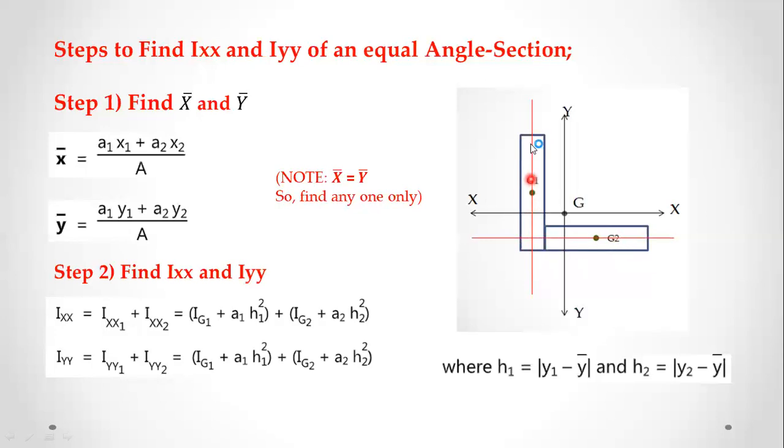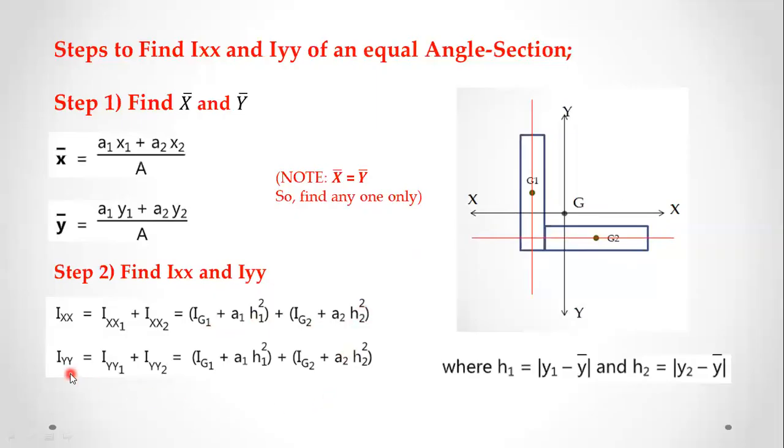Rectangle 1 has its own centroidal axis passing through this centroid, and rectangle 2 has its own centroidal axis. But we are going to find the moment of inertia of both rectangles about the x axis, and nothing is intersecting this x-axis. So we have to use the parallel axis theorem like this. The x-axis and the g2 axis are parallel to each other. So that means Ig1 plus a1 h1 square and Ig2 plus a2 h2 square.